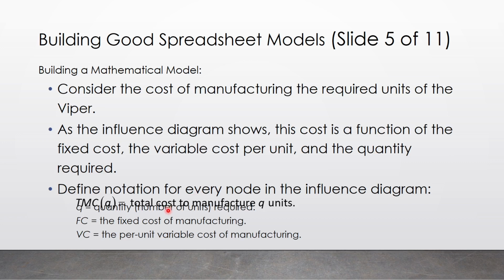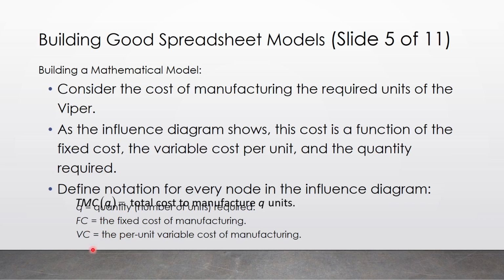So in general, it is best to define notation for every node in the influence diagram. So let's define the following. Q is the quantity, the number of units required. FC is the fixed cost of manufacturing.